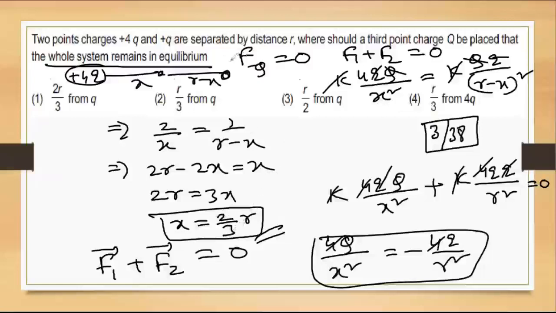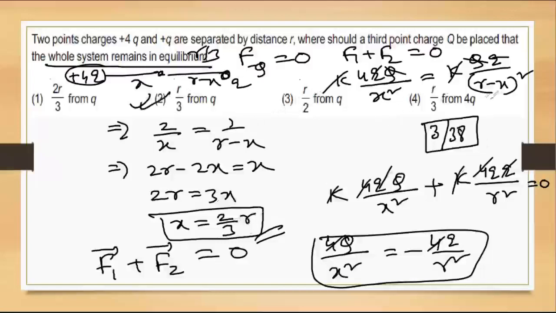From small q, what will be the distance? It will be R minus 2/3 R, which means R by 3. So this part will be R by 3 from q, that is correct, and 2R by 3 from 4Q.